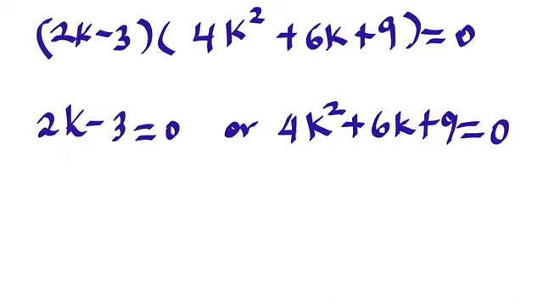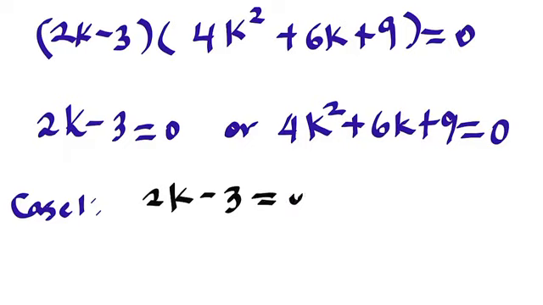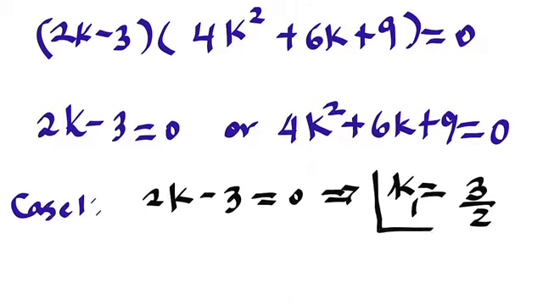So now from here, we have case 1. We're going to have 2k minus 3 equals 0. This implies that k equals 3 over 2, when you transpose 3 to the other side. So that means we have k1, the first solution.